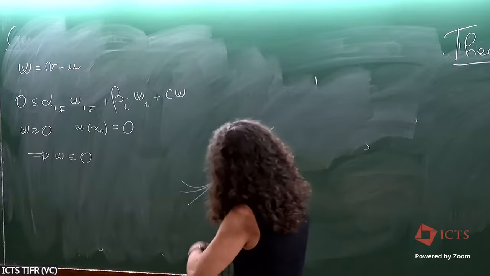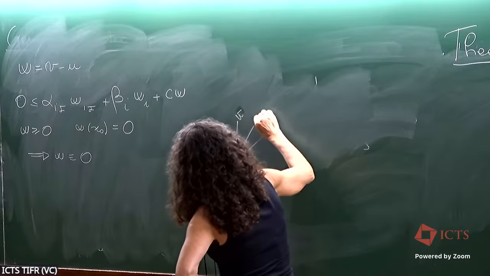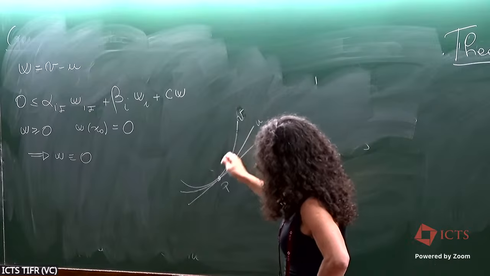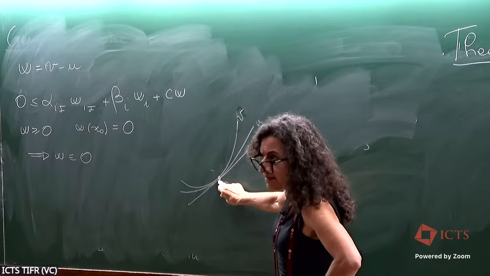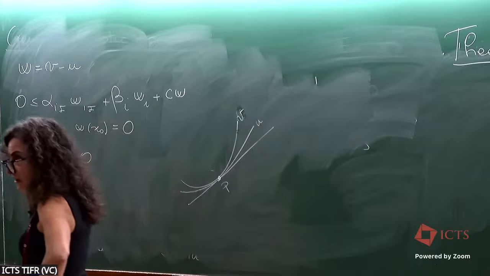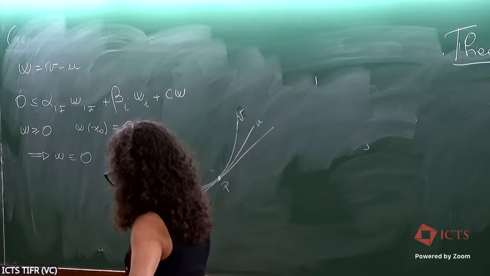So let's say that this is V and this is U. If one is larger than the other and they coincide at a point, then they coincide everywhere. This is the meaning of what we wrote here. So there is no boundary involved, it's just an interior maximum principle, or tangency principle, as we can call it.